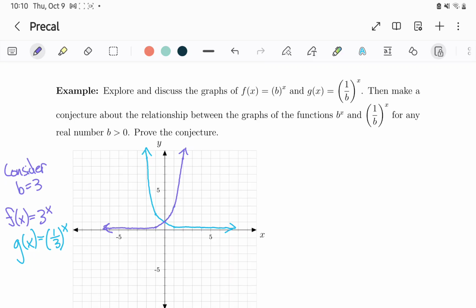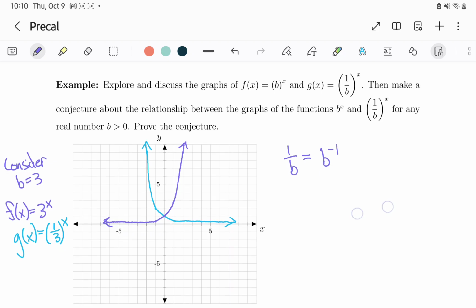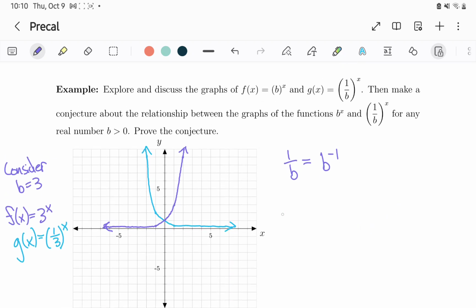So again, when it comes to 1 over b, this is equal to b to the minus 1. So g of x, which is equal to 1 over b to the x, we can think about this as being equal to b to the minus 1 and then raised to the x.